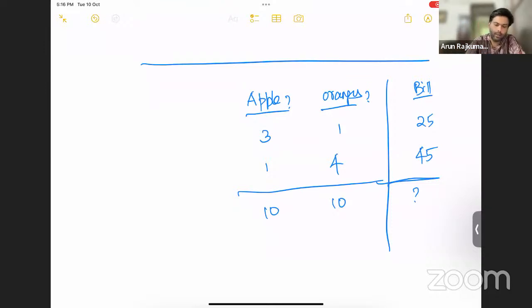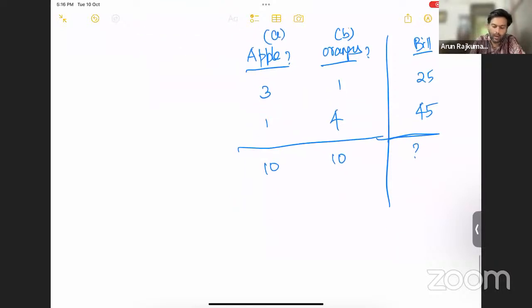So let's say the price of apple is some A and price of orange is B. Then what does 3 apples and 1 orange equal to 25 mean? Okay, Yuvatini says orange is 10. Anto says 3x plus y is 25, right? Apple is 5. Okay, great.